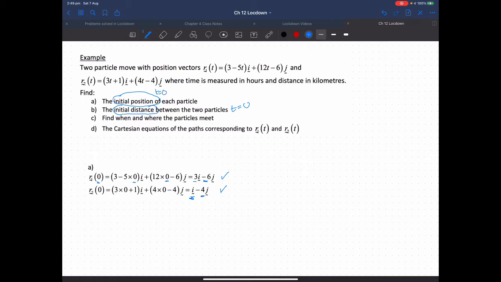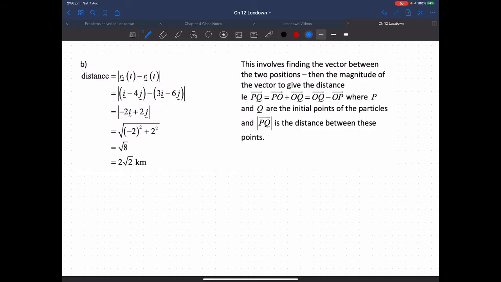So we have found their positions in part A, and we're going to use that information to help us with part B. What we have from part A is 2 position vectors. r1(t) was equal to 3i minus 6j, and r2(t) was equal to i minus 4j. So what we need to do is find the distance between the 2.